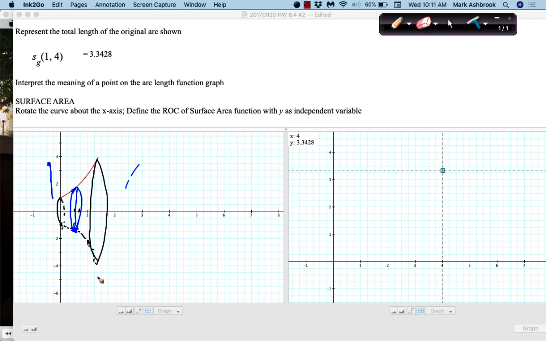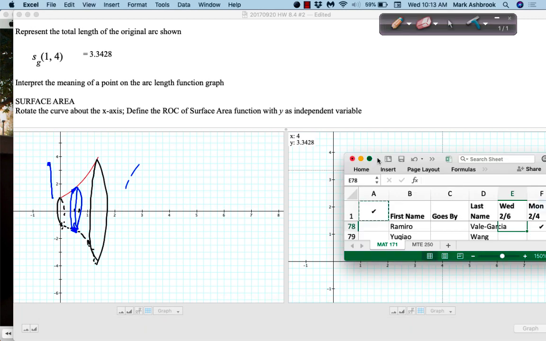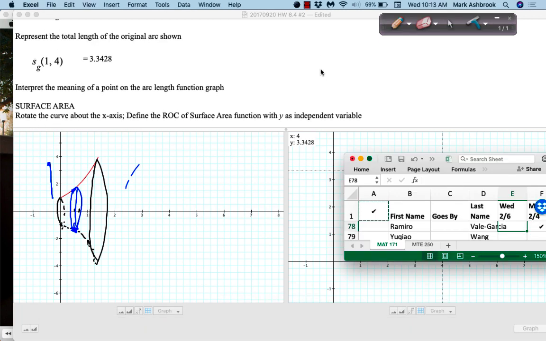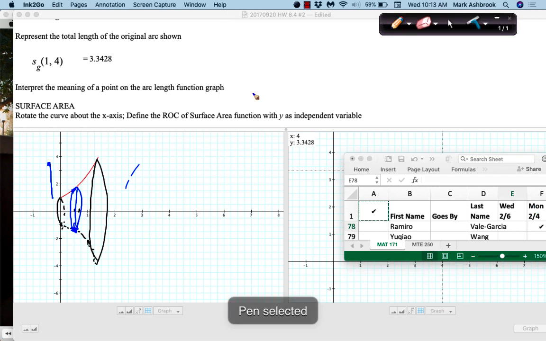Okay, so can you define the rate of change of surface area with respect to y? Go. We rotated about x, but I want to let y increase through delta y intervals and write the surface area function in terms of y.